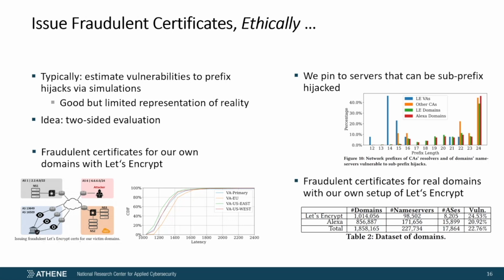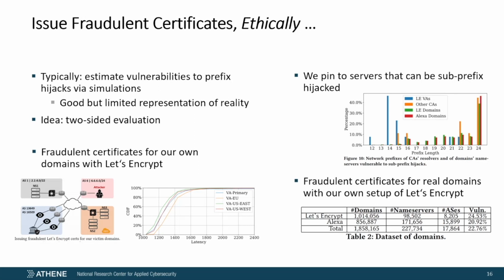In the second step, the adversary uses certbot to submit requests for a certificate for our victim domain, and the attacker launches a BGP prefix hijack to redirect the DNS packets to the attacker network, which is AS6. The attacker completes this validation and receives the fraudulent certificate for our domain. This allows us to evaluate the complete attack between Let's Encrypt and our domain.